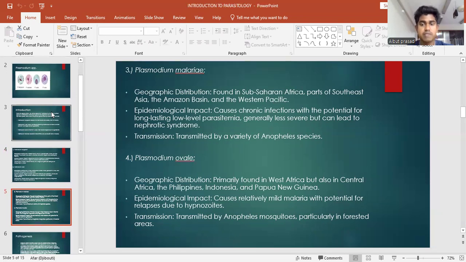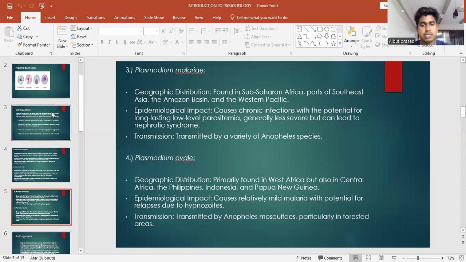It is transmitted by a variety of Anopheles species, referring to the different varieties of mosquitoes. Anopheles is one variety that carries Plasmodium malariae, which causes the disease malaria.